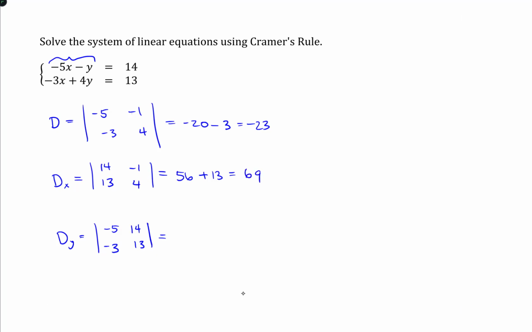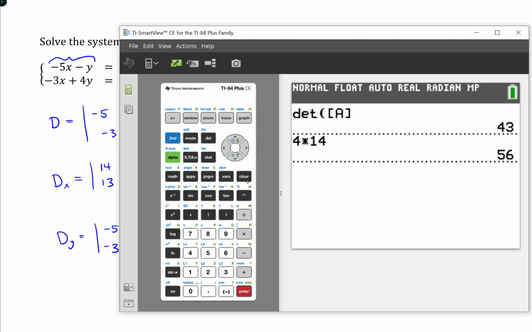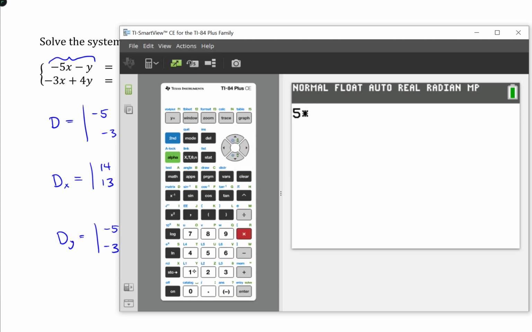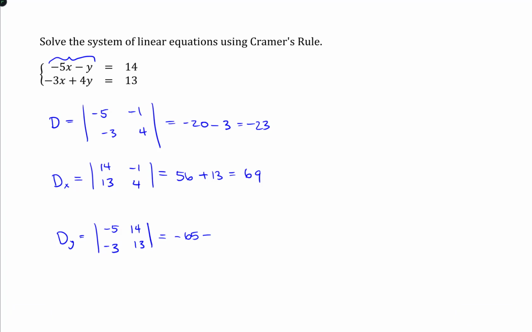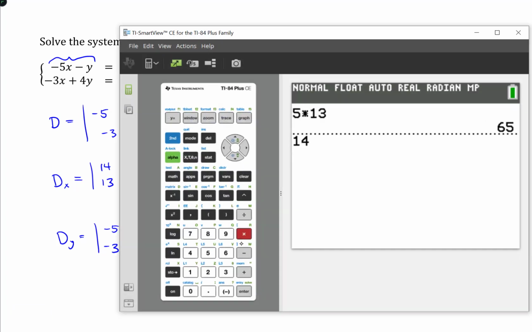All right, D sub y, do the same thing here. Let's see, 5 times 13, let me get that real quick. That's 65. So that would be -65 actually. Then minus the product of 14 and 3, which is 42.